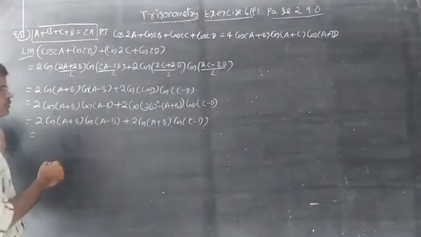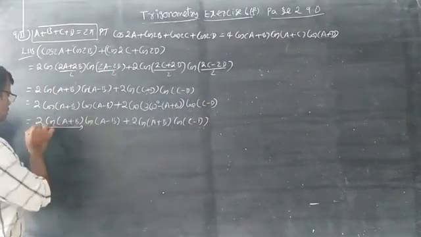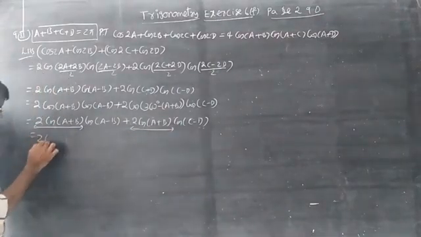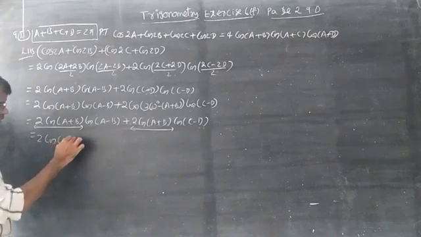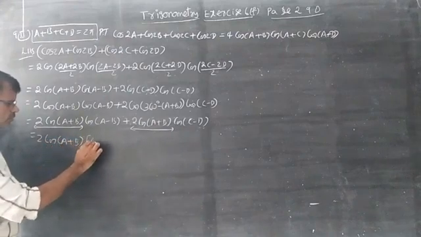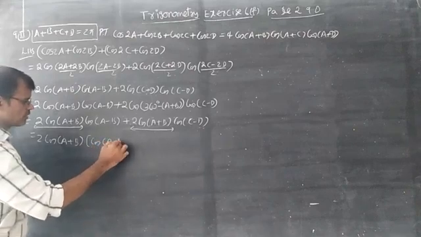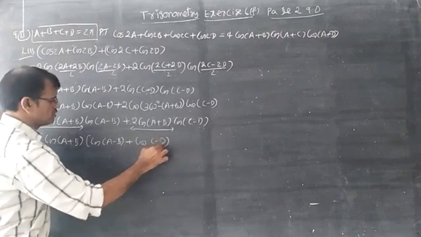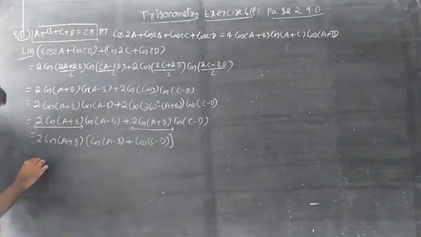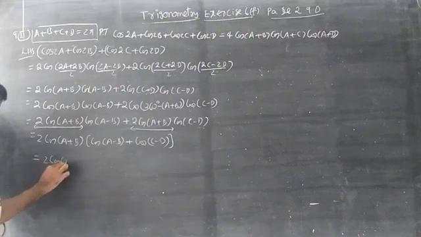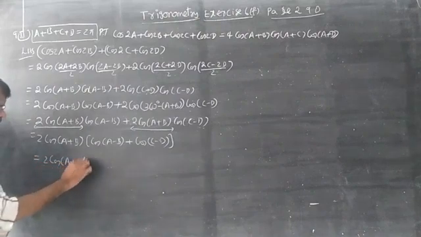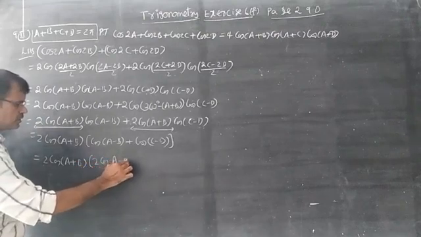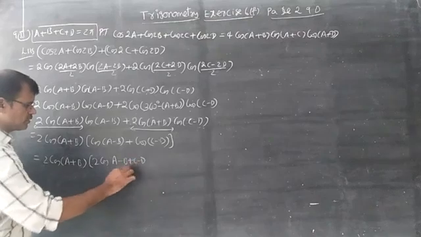That is equal to, now take common 2 cos of a plus b: 2 cos of a plus b into cos of a minus b plus cos of c minus d. That is equal to 2 cos of a plus b into, apply the formula cos c plus cos d, which is 2 cos c plus d by 2 into cos c minus d by 2.